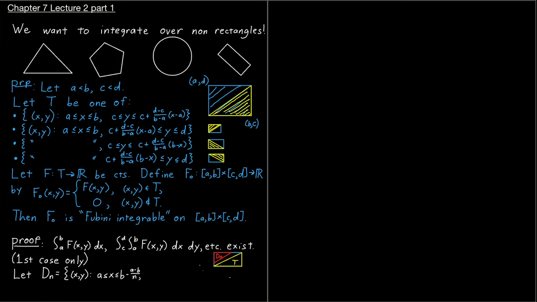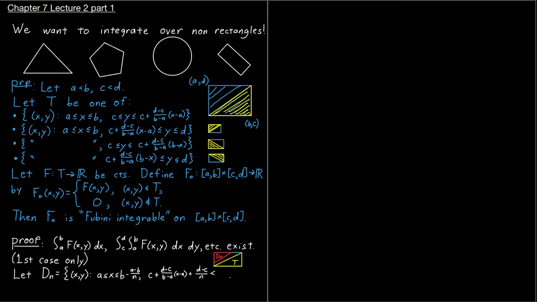And then y is between the formula for the upper bound of T, and then we add 1 over n times the height of the rectangle.